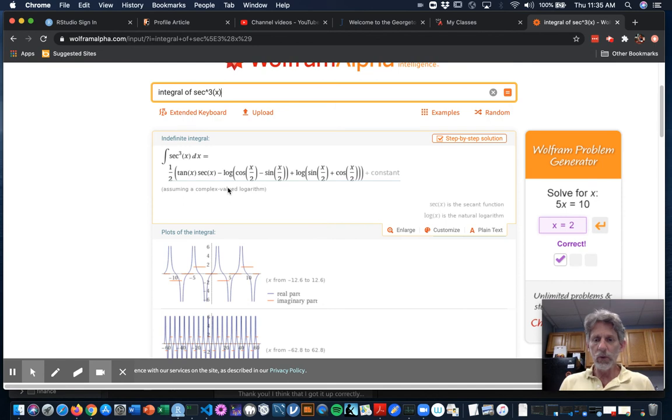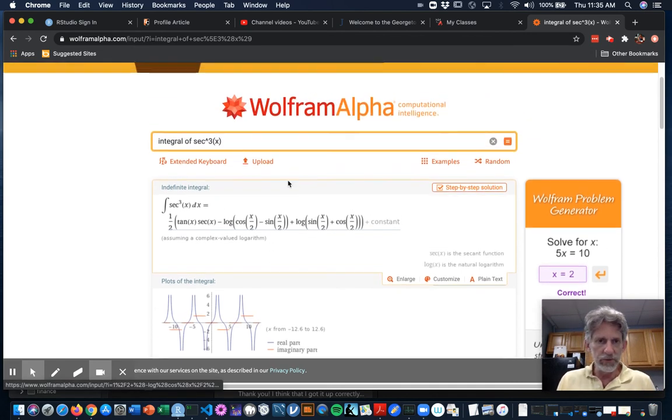It didn't pop out with the same thing we found, but it's programmed to try out all kinds of tricks: substitution, integration by parts, trigonometric substitutions of the sort that we're learning, and many more tricks, some of which we will learn, and many more that we don't even have time to learn. It employed some sequence of those tricks and got this expression here. It solved it for us.